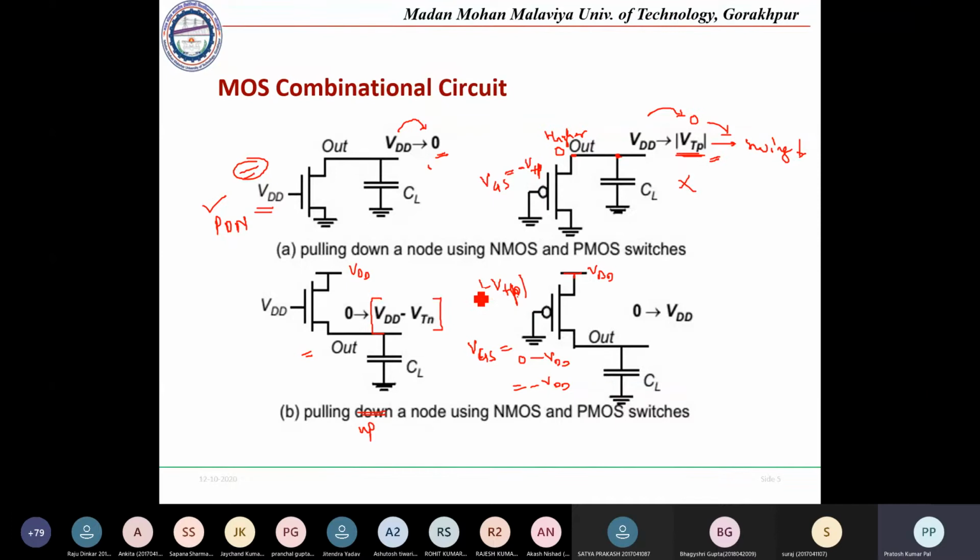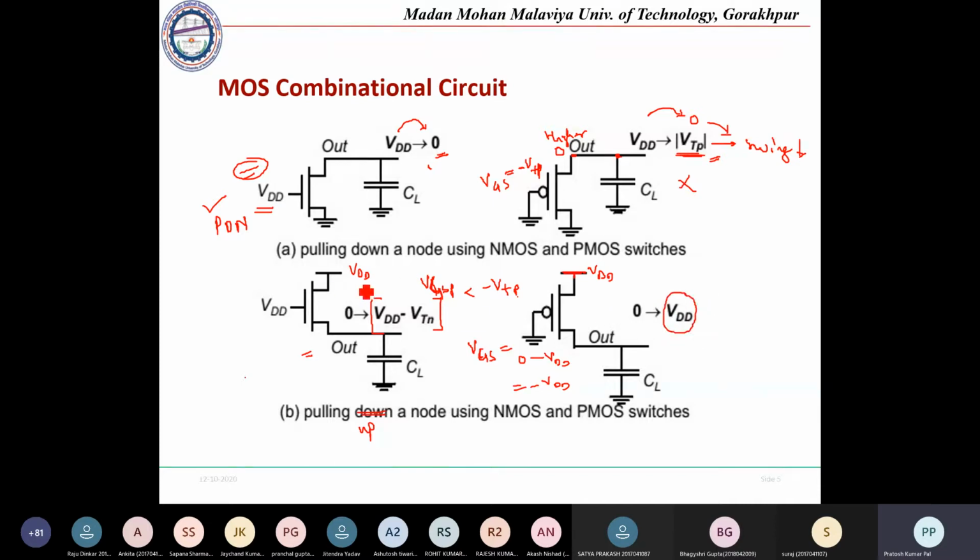To make this transistor turn on, the VGS value of PMOS should be less than minus VTP. So this VGS value should be less than minus VTP to make this transistor on. So if VDD is at the source terminal, it will always be in the turned on mode. At that time, your output will be equal to VDD.